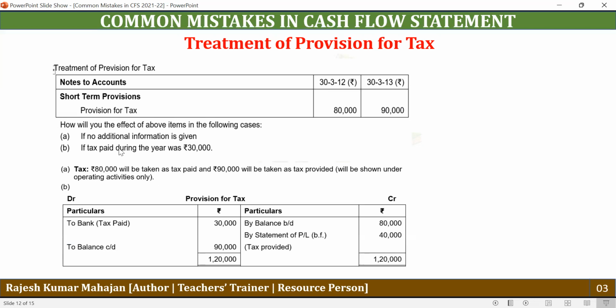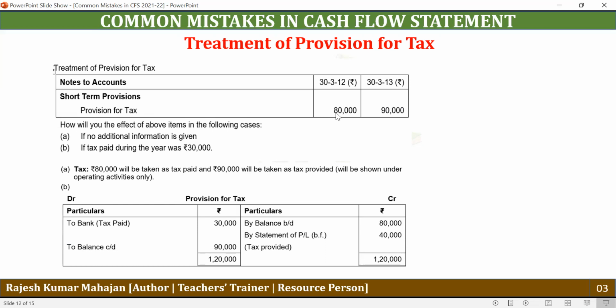Now one more case is there, that if you are given the information on the payment of tax, say information is given to you that tax has been paid, rupees 30,000. Then you shall require to prepare provision for tax in the working note. In the working note, first you will write the opening and the closing balances.